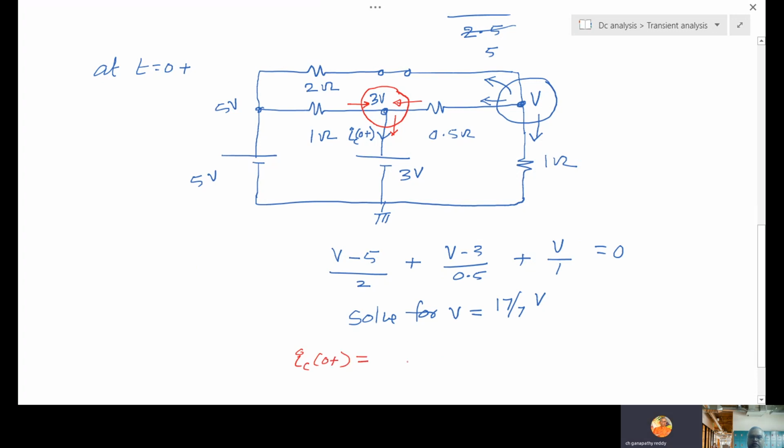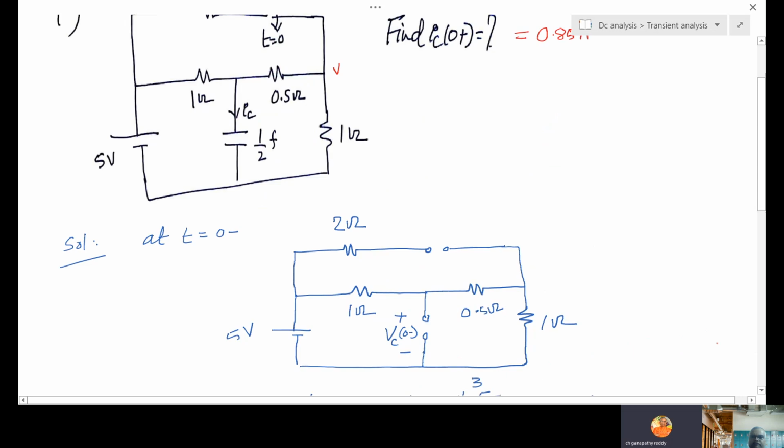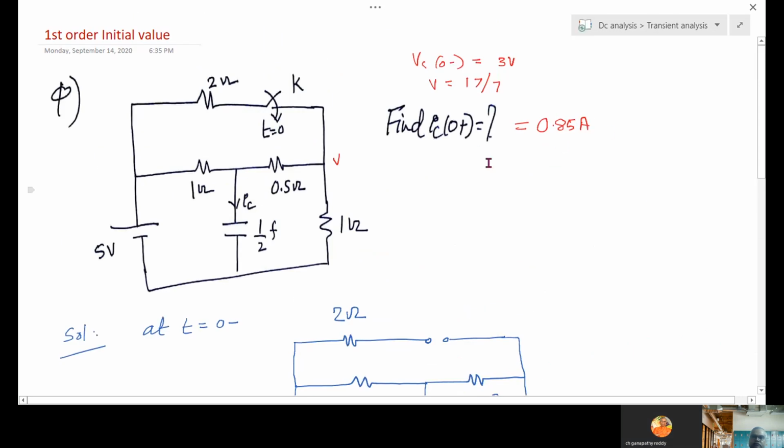What are the currents entering? (5 minus 3) by 1 plus (V minus 3) by 0.5. So this V is known now. Substitute, simplify, you get 0.85 amps. So IC 0 plus is 0.85.